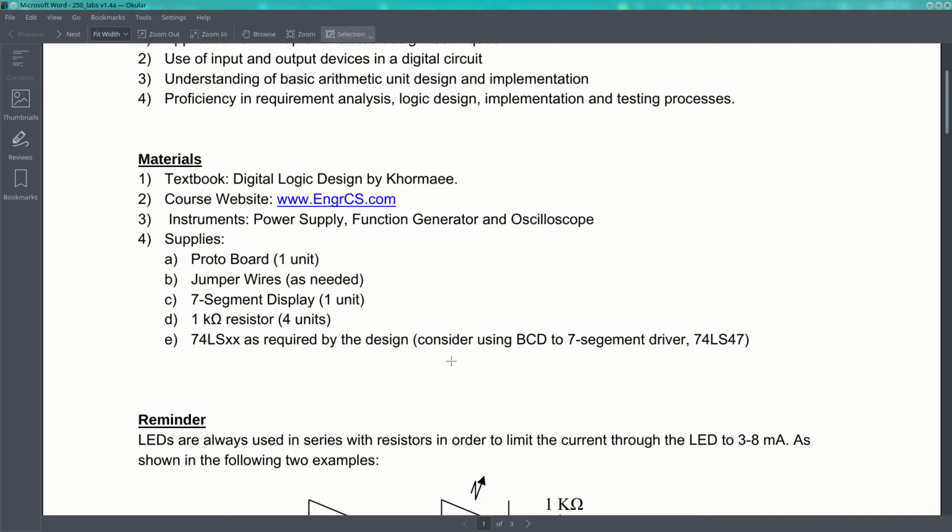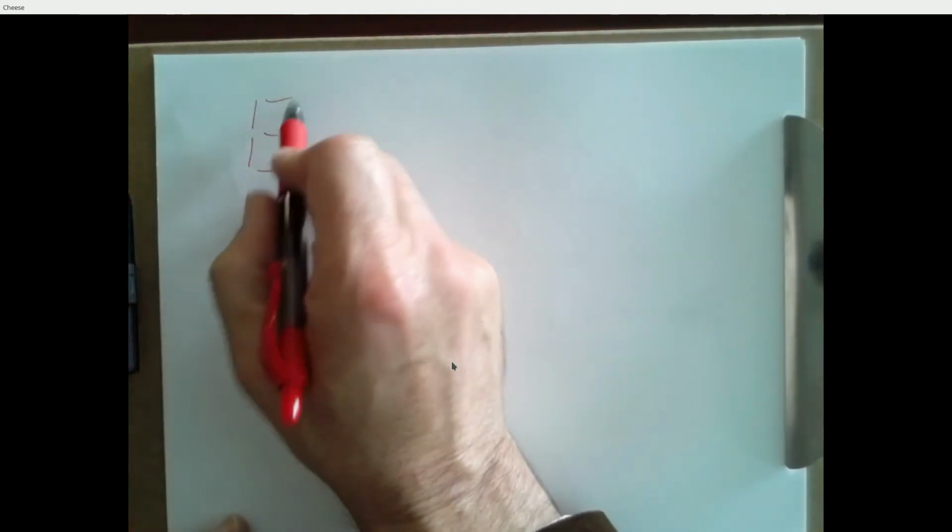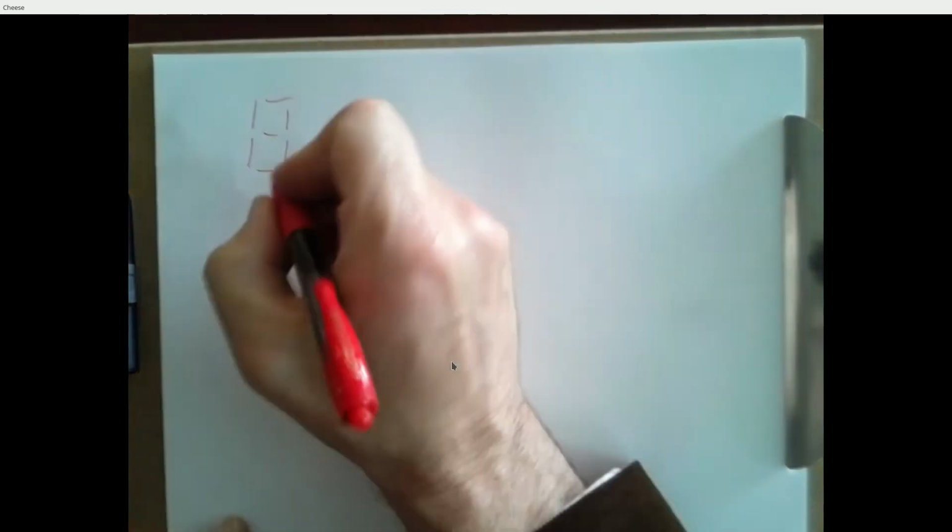So it's a hint here, but this is what you're going to want to use, and we'll explain why in a few minutes. Part of what you're dealing with in your lab is this little device called a 7-segment display. It's actually a chip-sized rectangle, and it has several LEDs inside it. 7 of them are laid out in this pattern, and there's usually a little LED down here also.